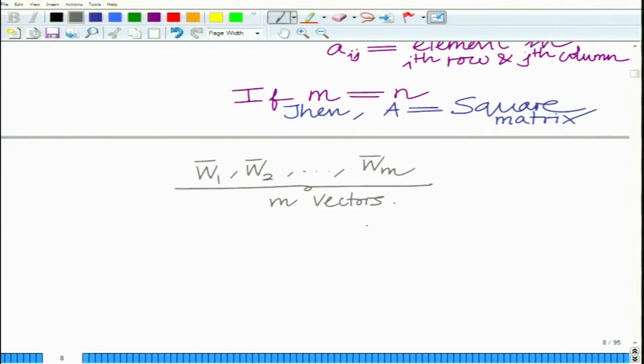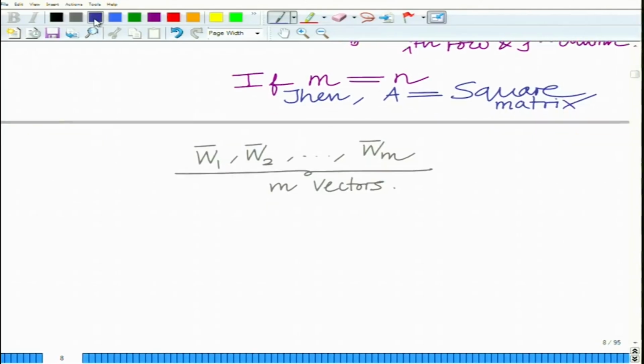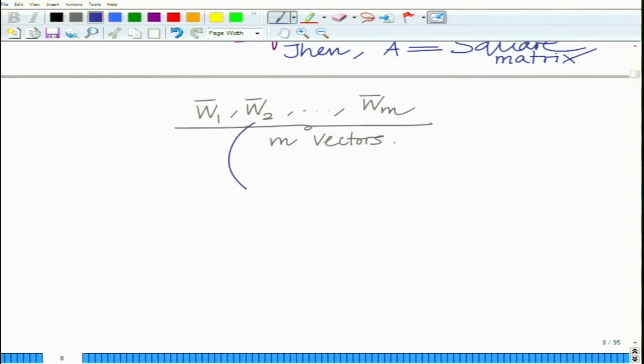Okay. Now these vectors are linearly independent. Now, this is an important concept.